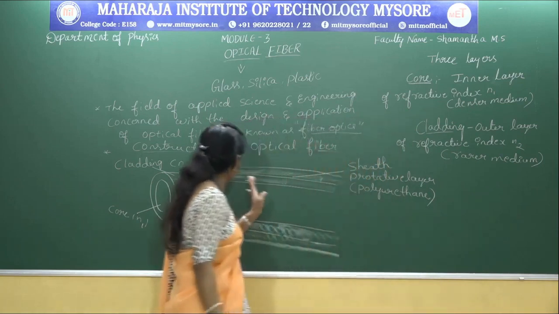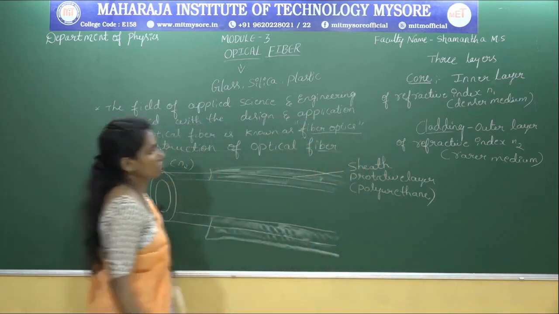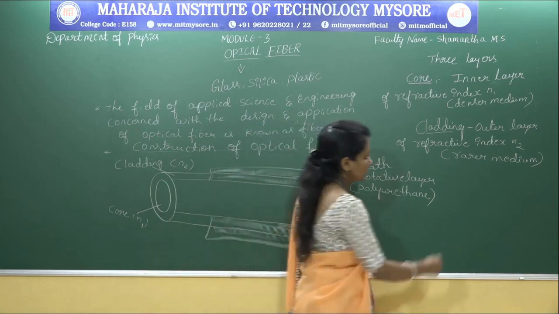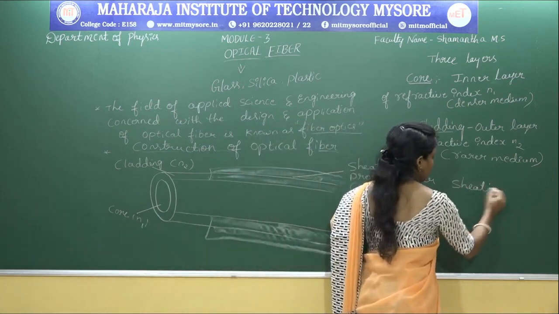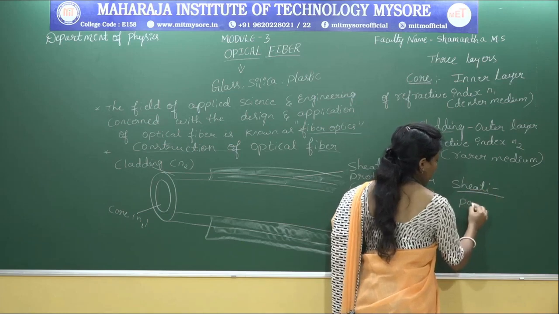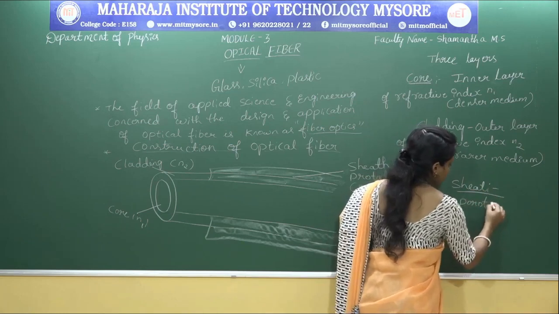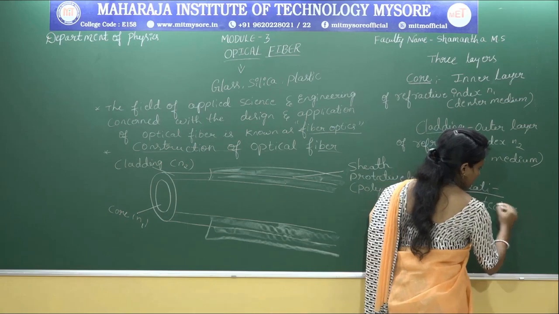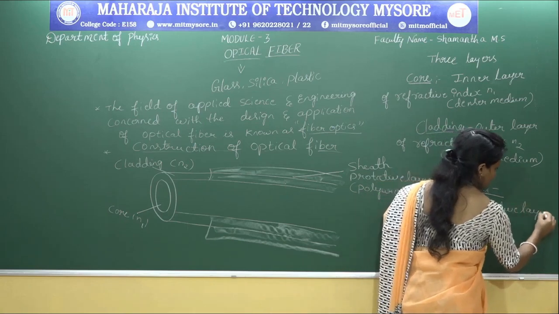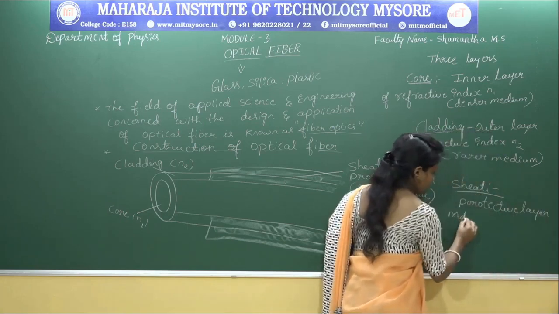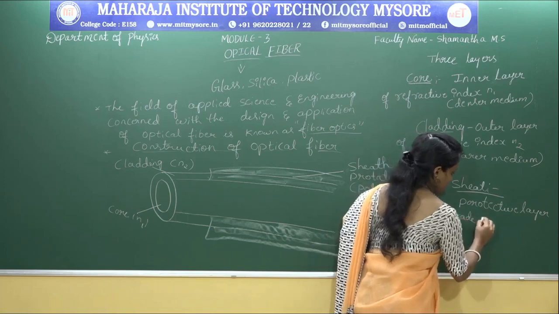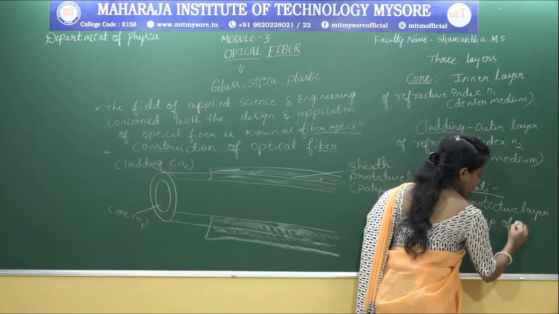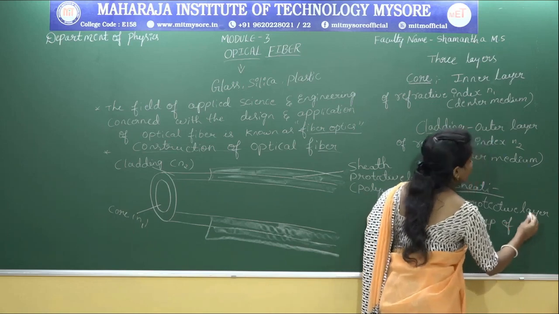And the outermost layer is the sheath. So sheath is the protective layer, polyurethane.